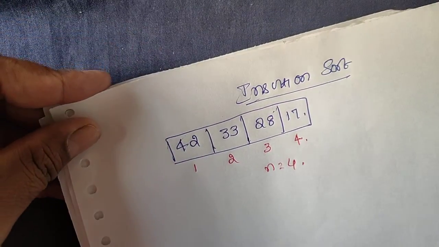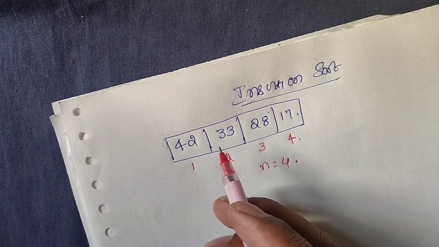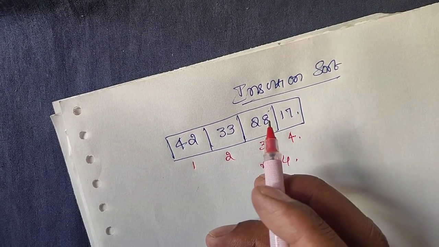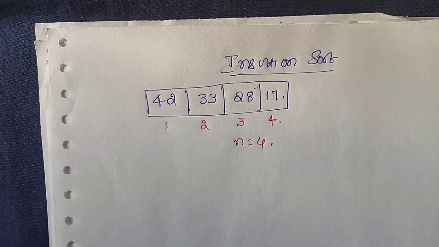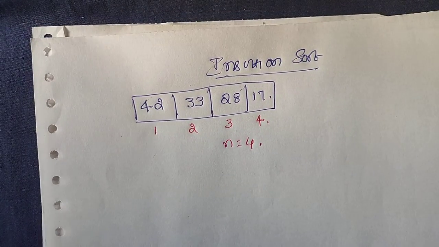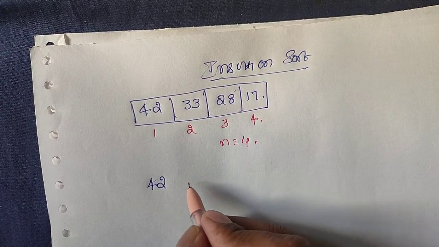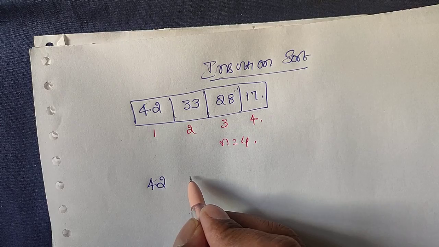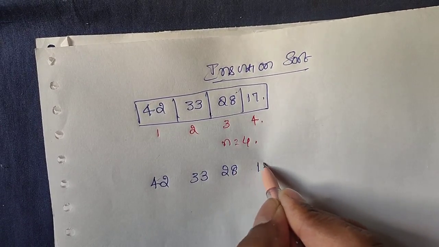Before sorting these values, we can divide our elements into two categories: one is the sorted list and the second one is the unsorted list. Now I will take the values 42, 33, 28, 17.